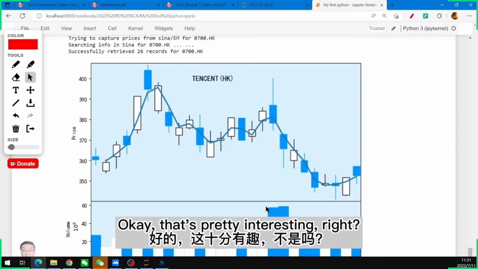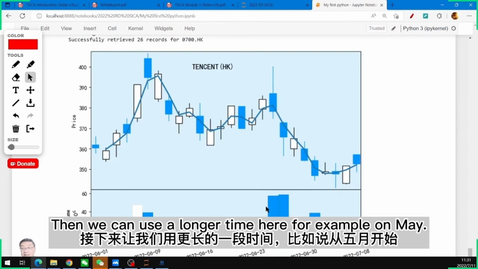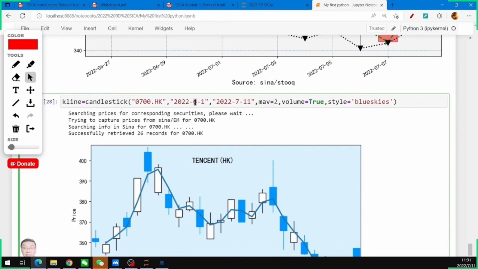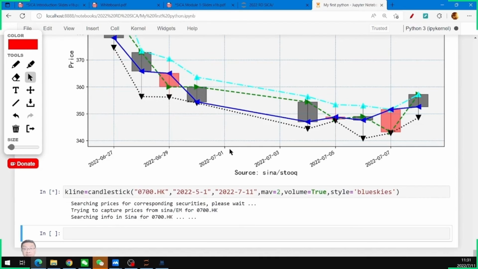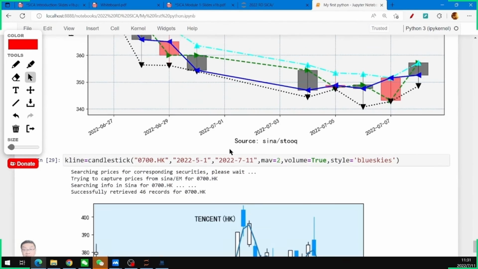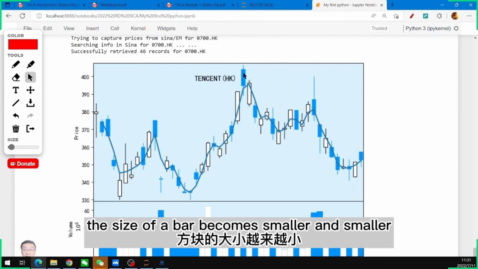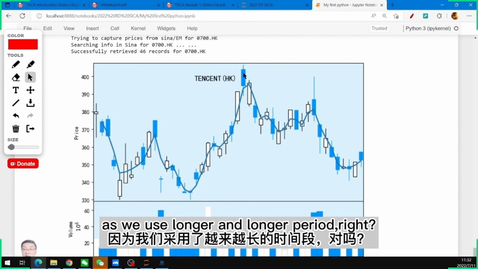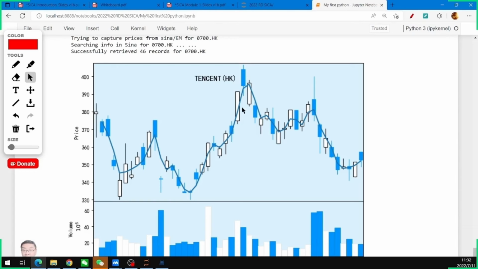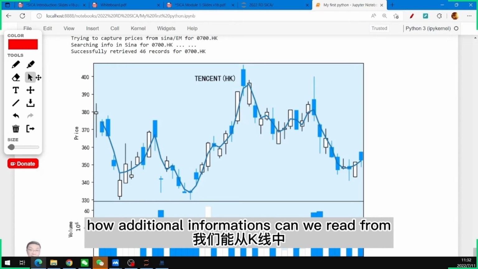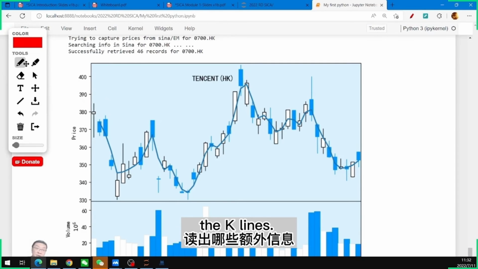Okay, that's pretty interesting, right? Then we can use a longer time here. For example, from May. Okay. You can see that the size of the bar becomes smaller and smaller as we use longer and longer period, right? So let's explain again how additional information can we read from the K-lines.